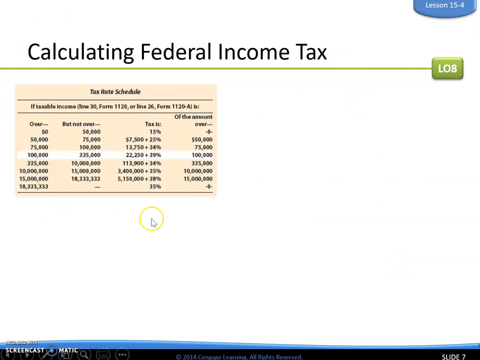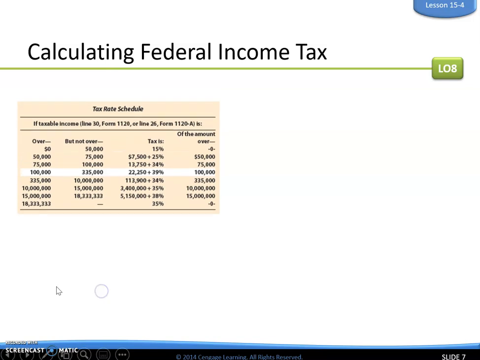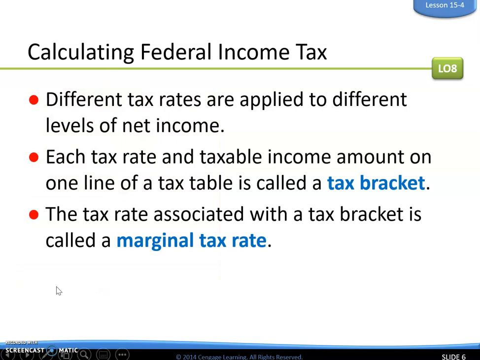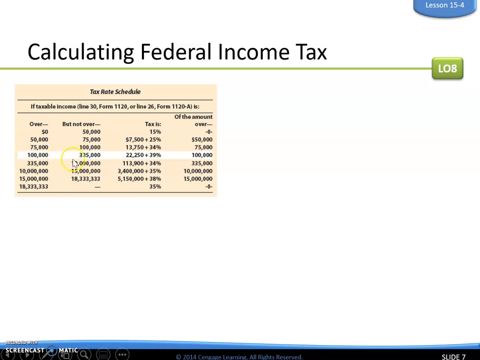So here is our tax rate schedule, and here they're showing us our different amounts. I'm going to go back one more. The tax rate and taxable income amount on one line is our tax bracket. So the highlighted line here would be our tax bracket. When they talked about our marginal tax rate, this is that percentage here.